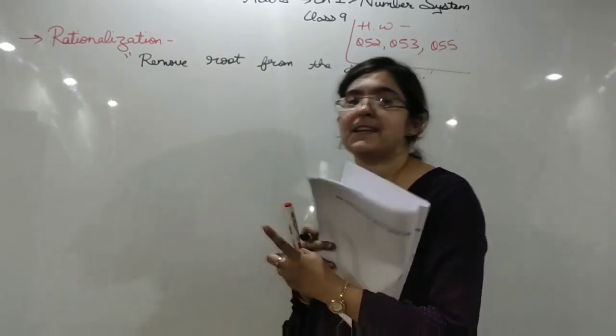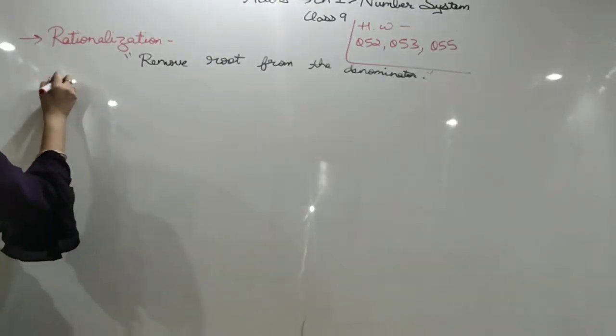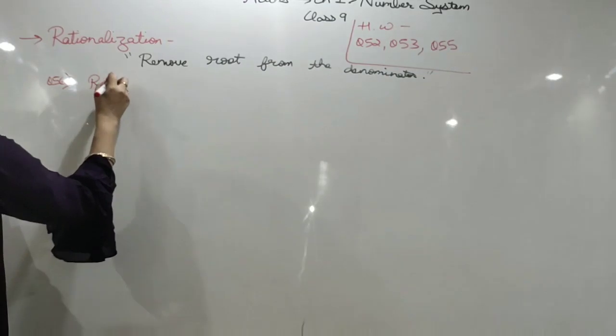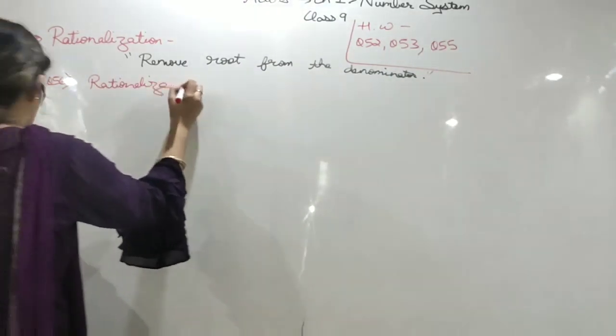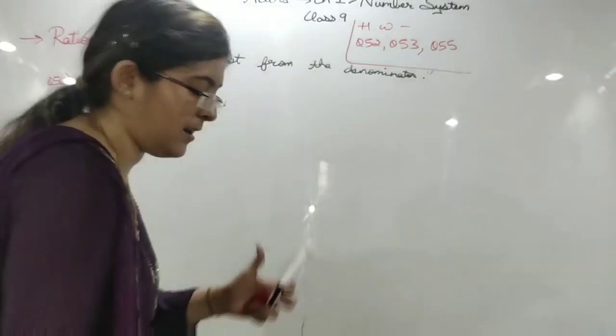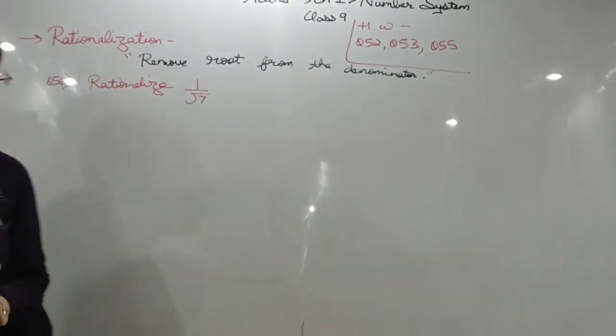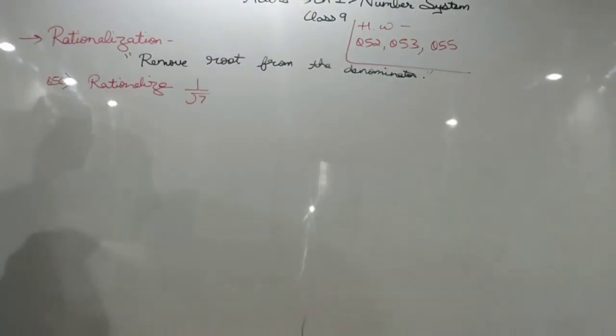See question number 56 in your question bank. Question 56 is rationalize 1 upon root 7. Okay, students, see here. We are doing it first time. You have to rationalize 1 upon root 7.